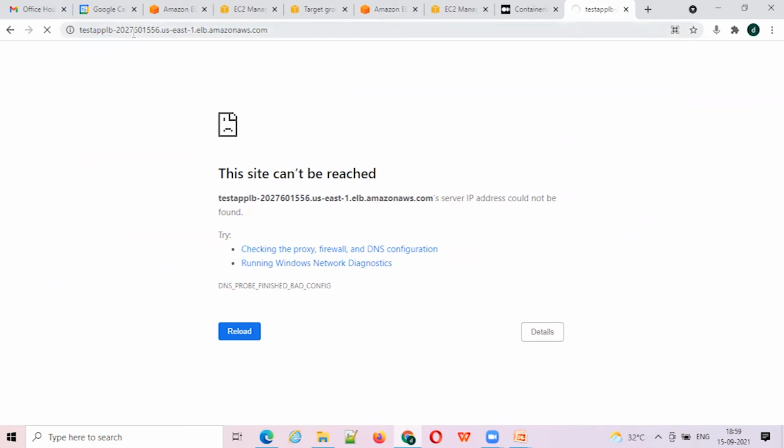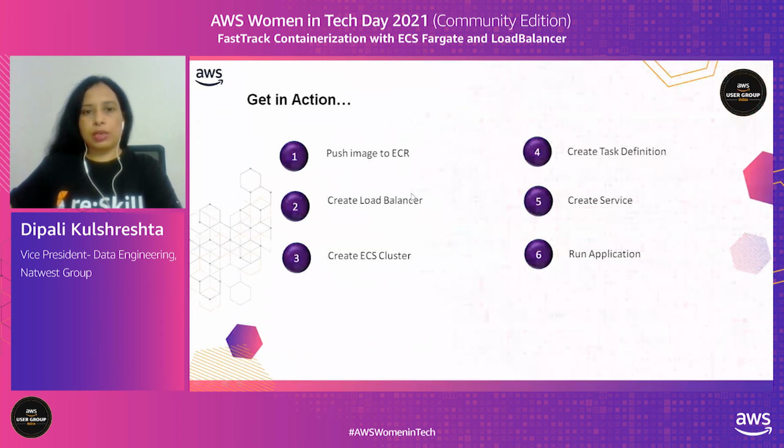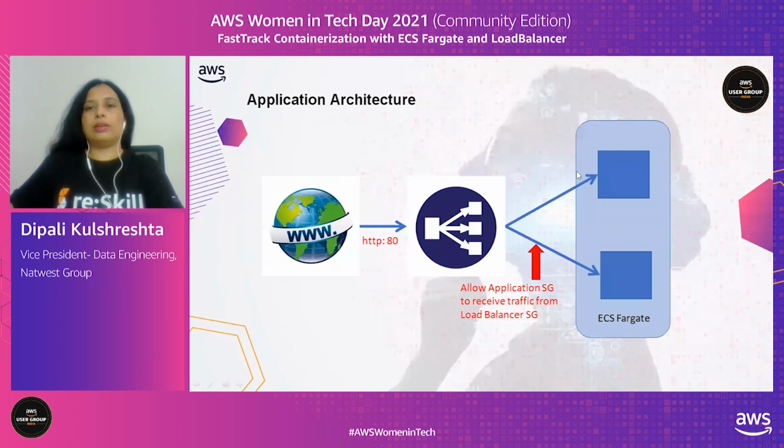So let's understand why. If I go back to my slides and refer to the architecture, we have configured the load balancer security group to receive traffic from port 80, and we have also configured it to forward traffic on port 5000.